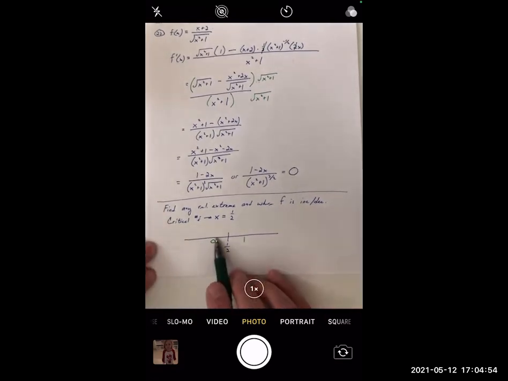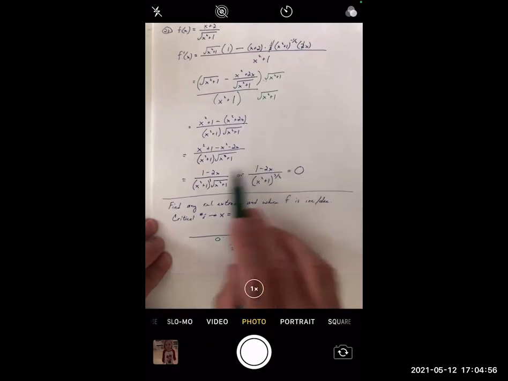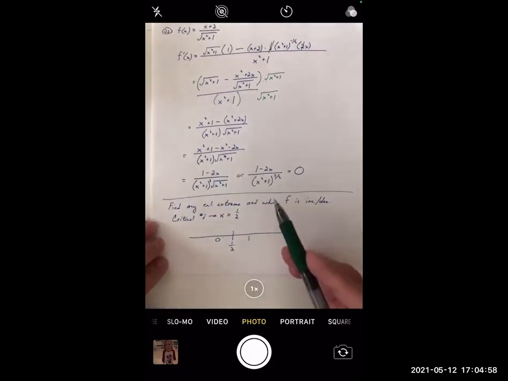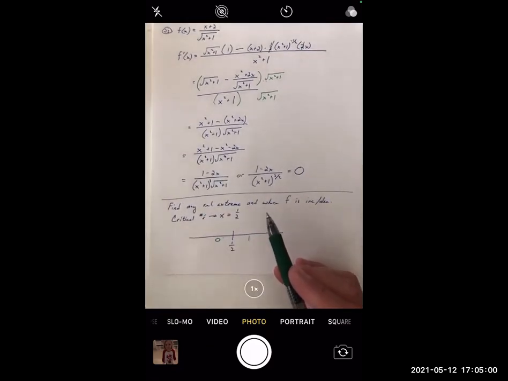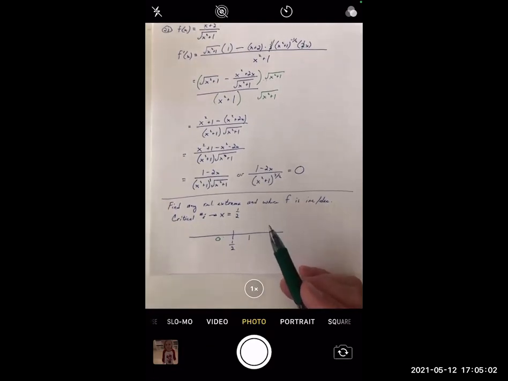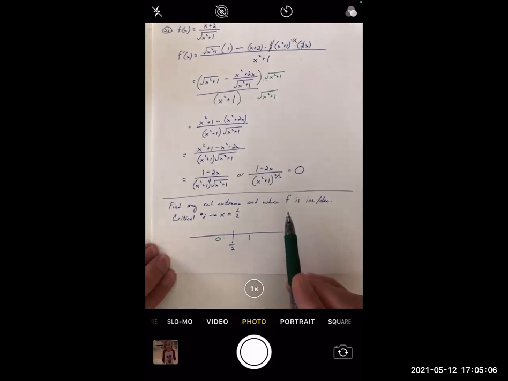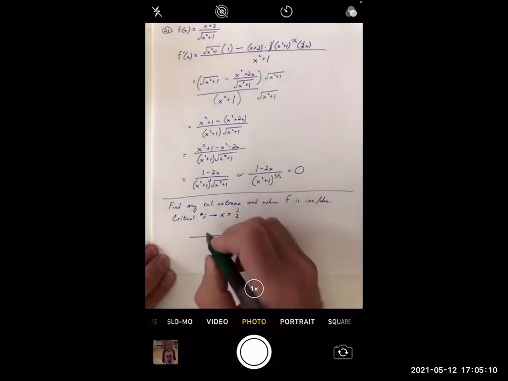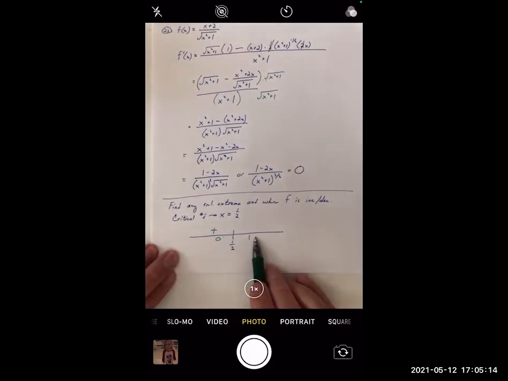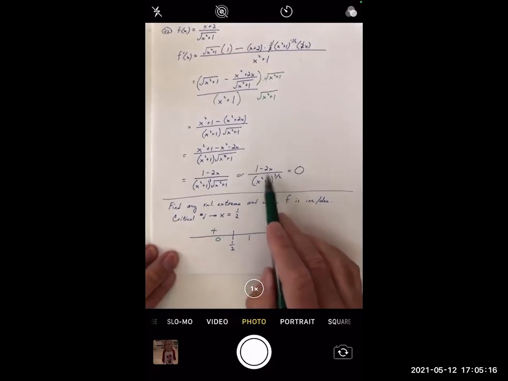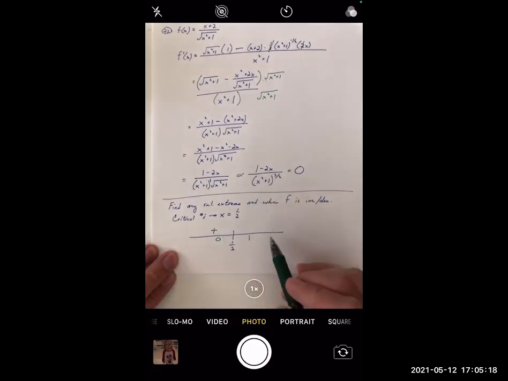So if you plugged 0 into either this or this, does it come out as positive or negative? Positive. And if you take the 1 and plug it in for x, how does that come out?